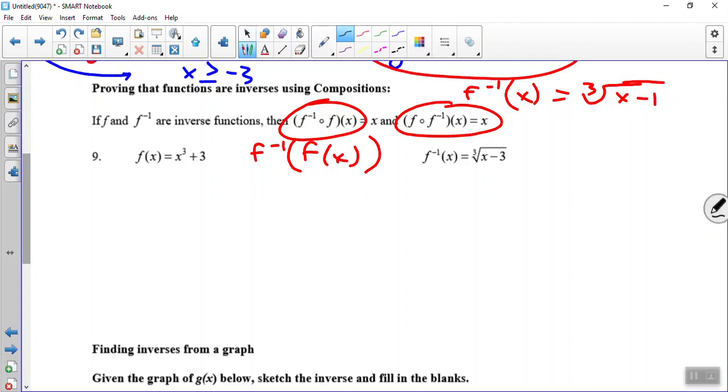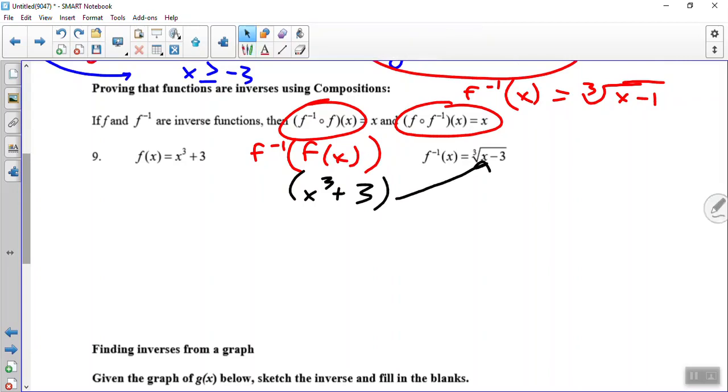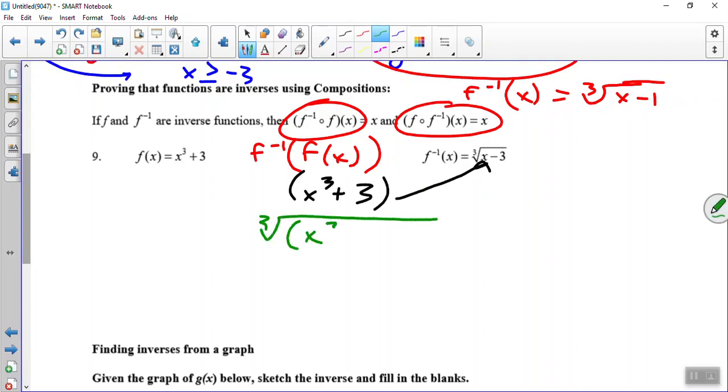So that's the first one. I write f of x first, so I do x cubed plus 3. And I put that wherever I see an x in f inverse. Okay? So cube root of x cubed plus 3 minus 3. Simplify.